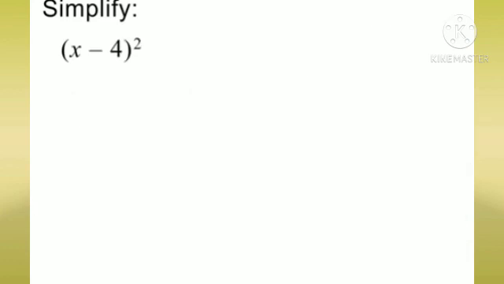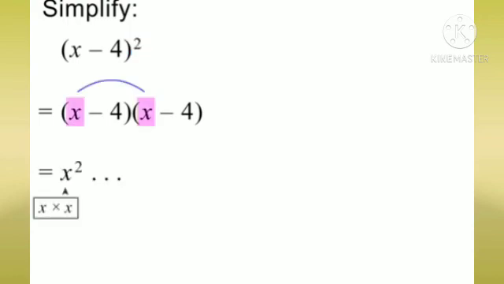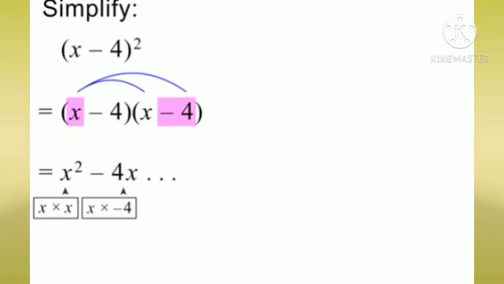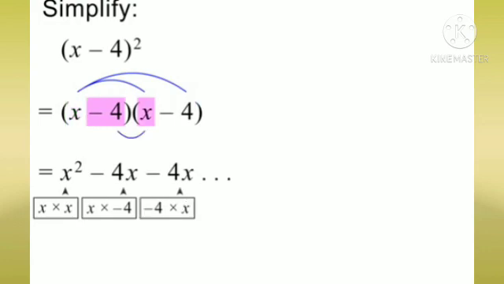In the next example, we are again asked to square a binomial. If we use the long method, step 1 is to write the bracket twice. We then use FOIL. X times x equals x squared. We then multiply the outer terms. X times minus 4 equals minus 4x. Then the inner terms.